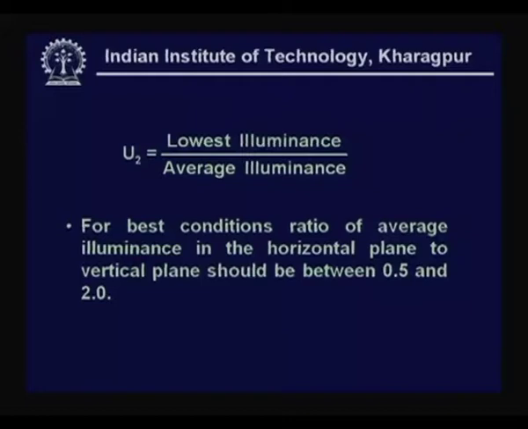These are the two indices, and it is observed that from the point of view of visual comfort and satisfaction of the four user groups, namely players, officials, spectators and media, the ratio of average illuminance in the horizontal plane to vertical plane be kept between 0.5 and 0.2. These are the average illuminance levels in the two planes.